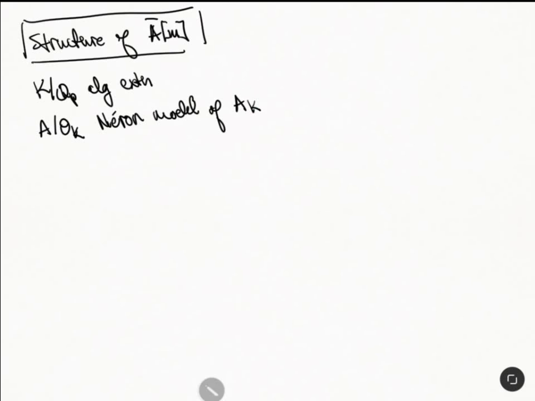Then we're going to do some notation here. So A bar, this is going to be A_k, the special fiber. All right. And then we just want to make some observations about this.